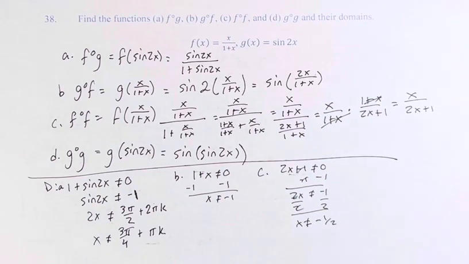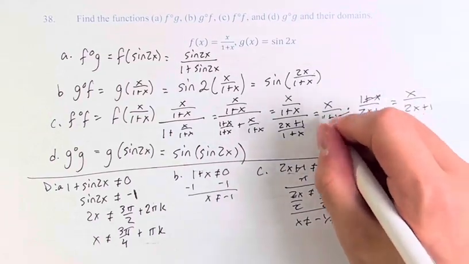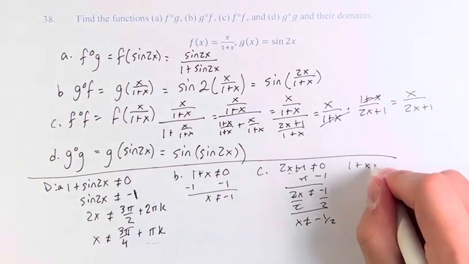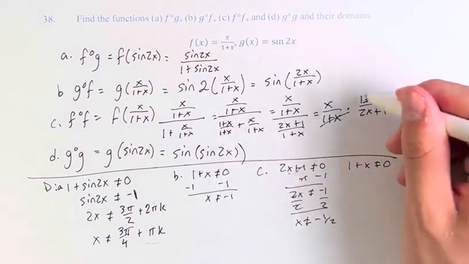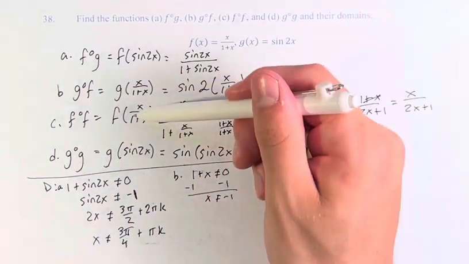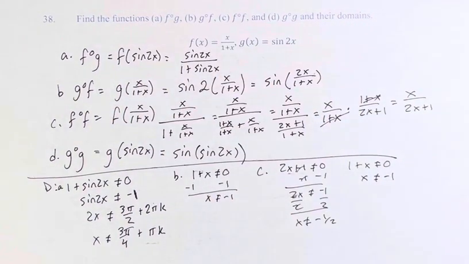However, we lost a little bit of information here. When we cancel out 1 plus x, that also cannot be equal to 0, because it's in the denominator of the function. We canceled it out, but that doesn't mean that the original restriction for the original function wasn't there. Therefore, x cannot be equal to -1/2 or -1.